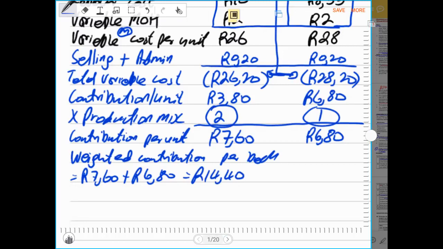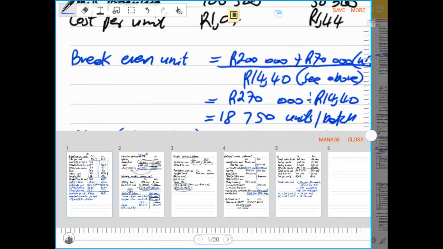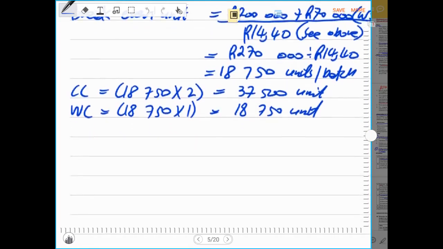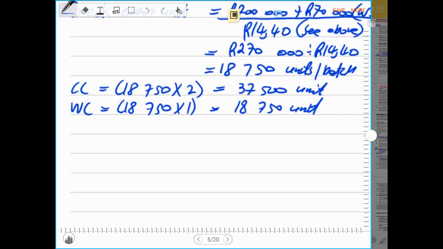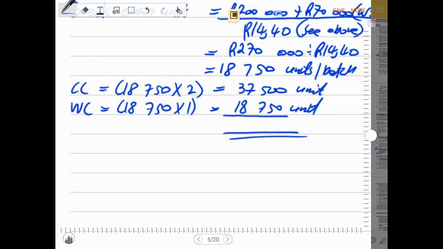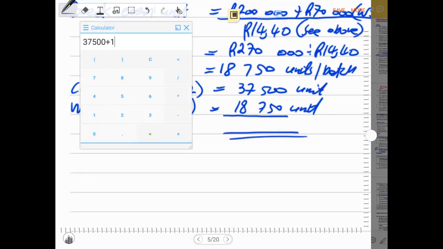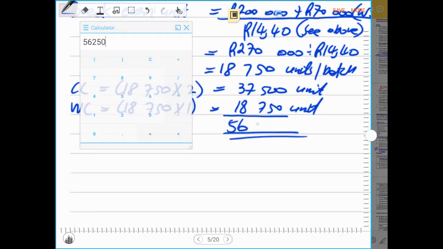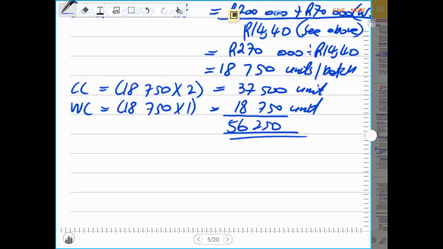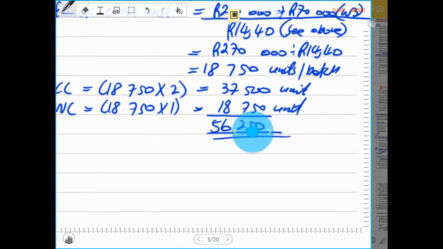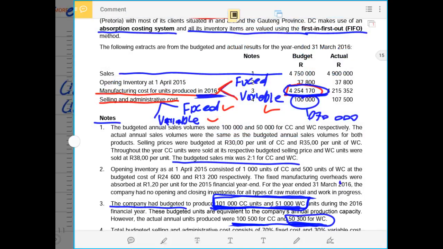You multiply by a production mix to the contribution. Then after we are done with this, we calculate the total, which is 37,500 plus 18,750, and that gives me 56,250 units.